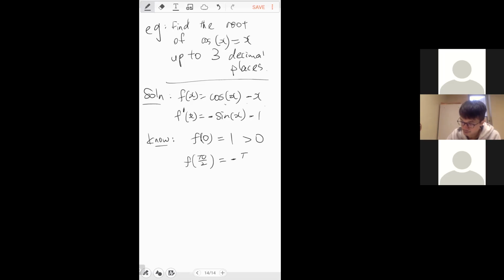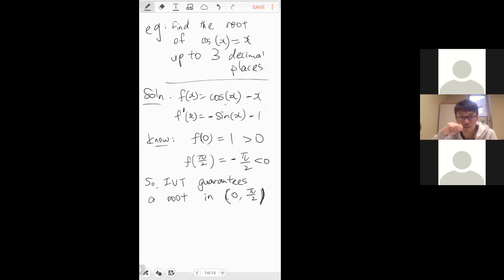So you get negative pi over 2, which is negative. So the intermediate value theorem guarantees a root between 0 and pi over 2. Is it okay?